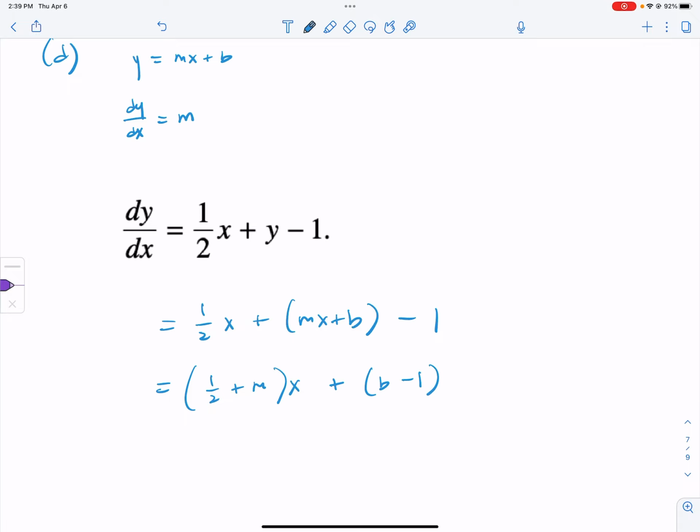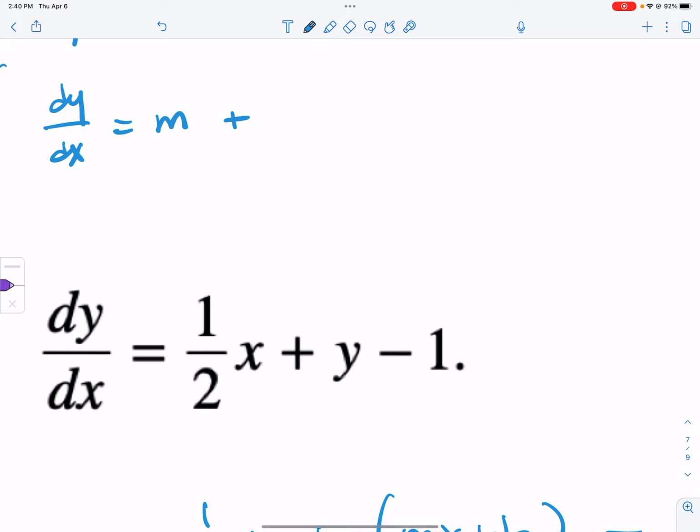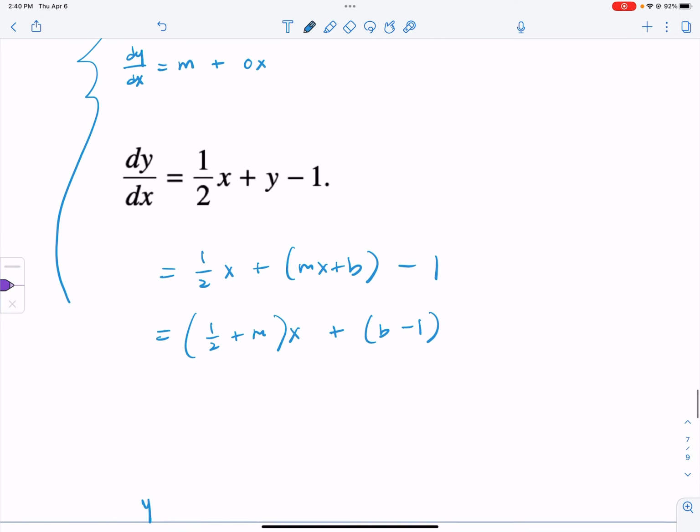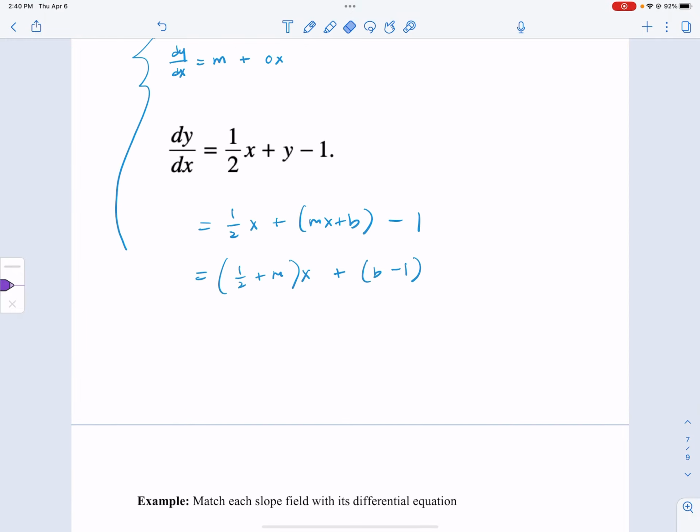Okay. Well, we do have a system here. Like if this is equal to dy over dx and that's equal to dy over dx, you could think of this as being in the form m plus 0 times x, or 0x plus m, right? Which would mean that 1/2 plus m is equal to 0, so m is equal to negative 1/2.